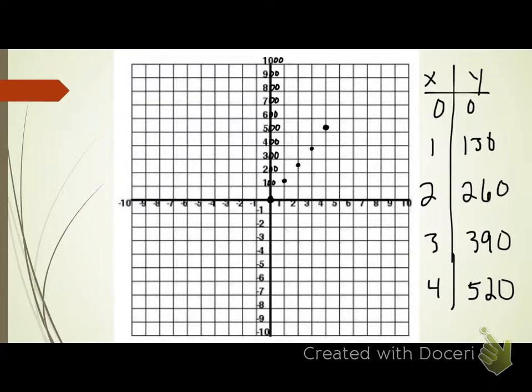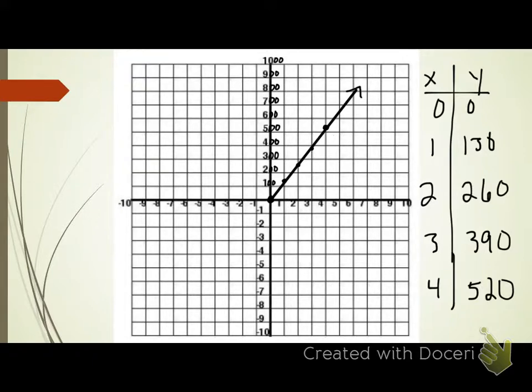Now in the previous example, we did not connect our points with a line because it was a discrete domain. Here we have a continuous domain, so I want to go ahead and connect my points because I want all the numbers between the points too. So my line's just going to start at 0, 0 and go up through all my ordered pairs. I want to put an arrow on my line to show that it is just going to keep increasing, because the more bars I eat, the more calories I have consumed.